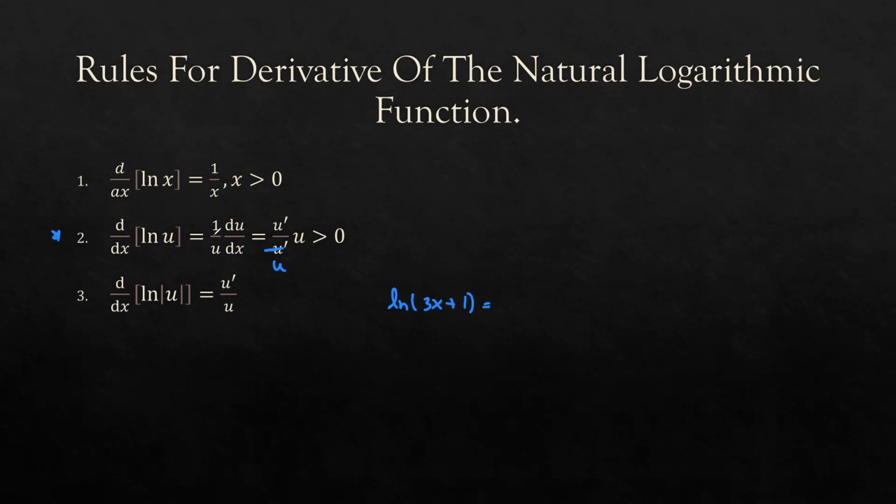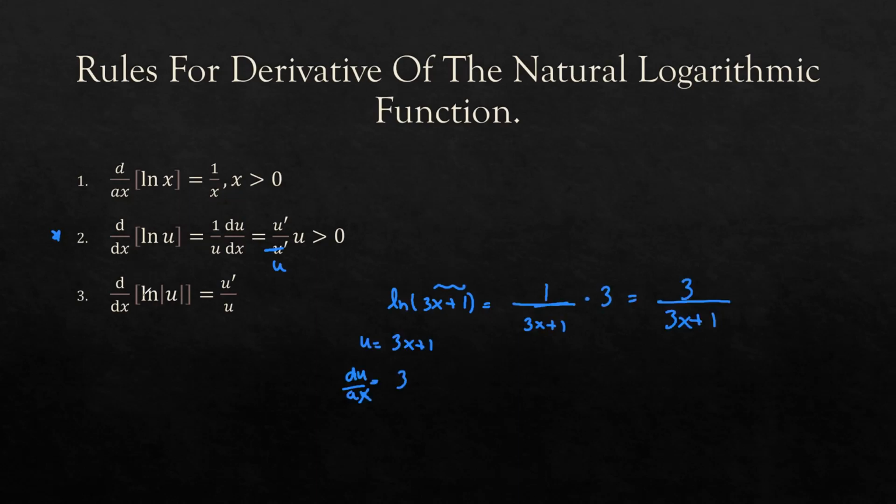It states that it's 1 over u, so our u is the inside parentheses, 3x plus 1, times the derivative of the inside parentheses. So du dx, the derivative of 3x plus 1, is 3. So it's going to be 3 over 3x plus 1. That's pretty simple.